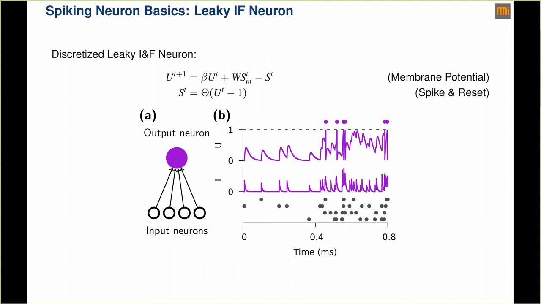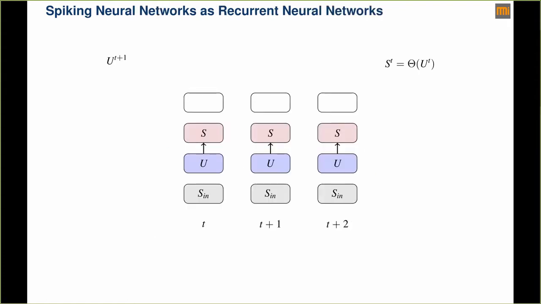Now I'm going to write these equations in a graph format, because it's a practical way of representing computations for a machine learning framework such as TensorFlow. Because we have time here, we're going to have a different state for every time step.